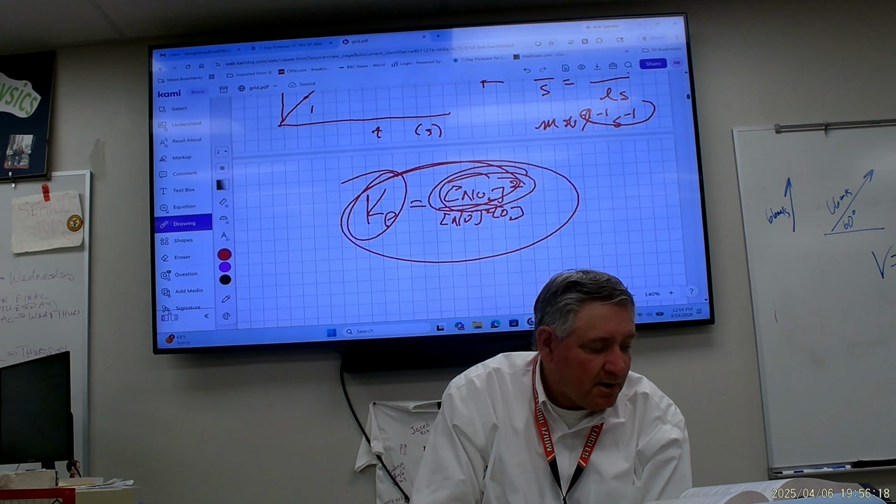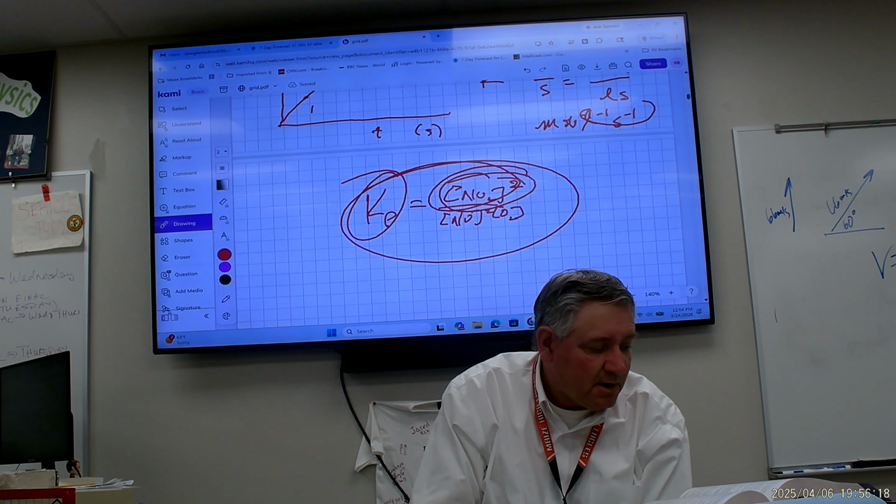Right now it's at some number of hectopascals. If I screw this down and decrease that volume, you can see that the pressure goes up. So it's really easy for me to measure the pressure. I hook it up to a gauge. I don't have a gauge that's going to measure moles per liter, but I can measure pressure pretty easily.